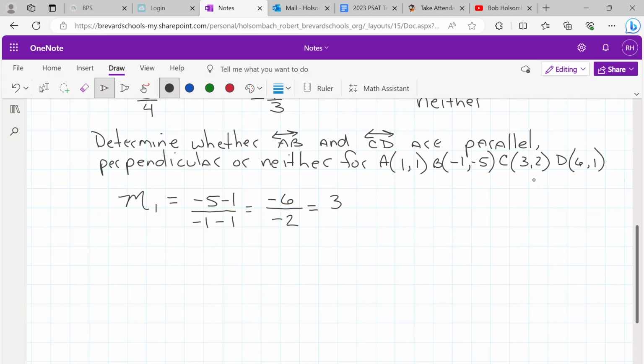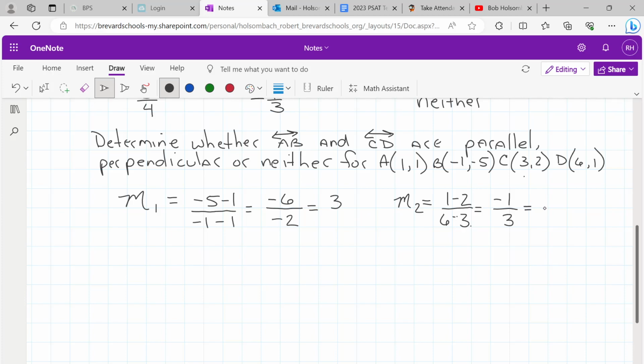So then our second slope for line CD, I'm going to call it m sub 2. y sub 2 minus y sub 1 is 1 minus 2. And our x sub 2 minus x sub 1 is 6 minus 3. 1 minus 2 is -1. And 6 minus 3 is 3.